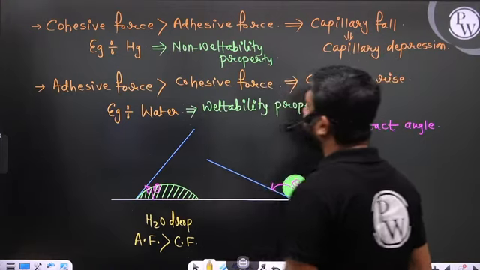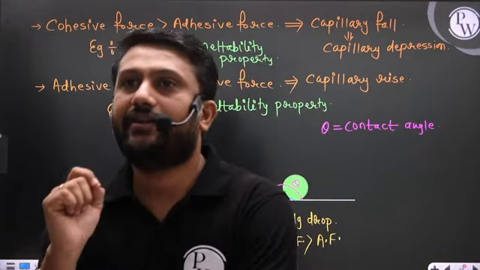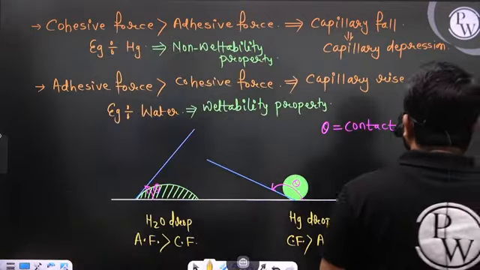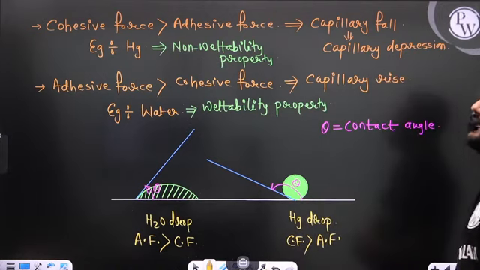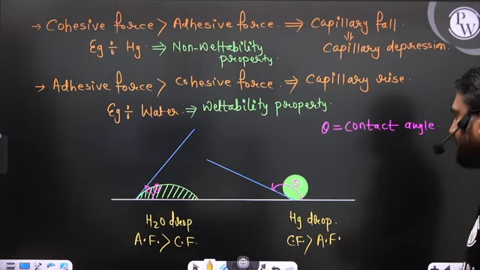So a liquid having non-wettability property, we observe capillary depression, and a liquid having wettability property, we observe the capillary rise, right?